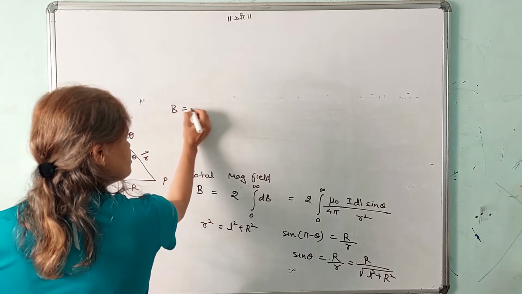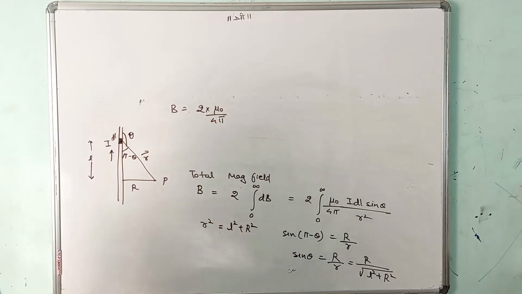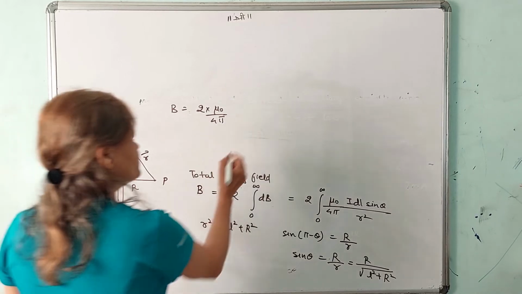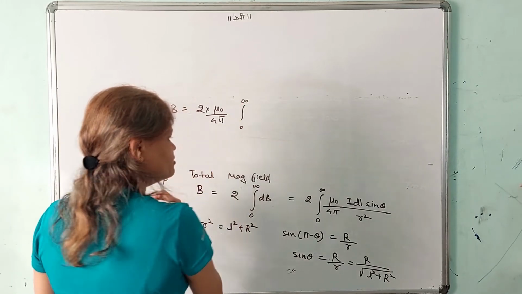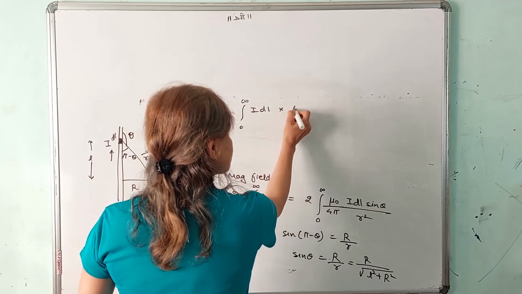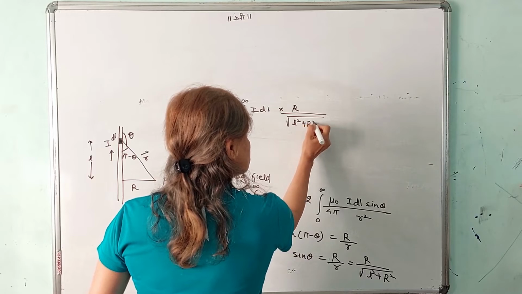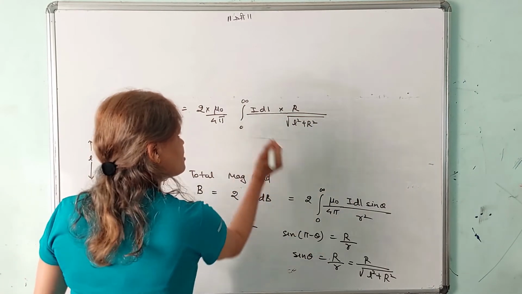So we have B equals 2. I will take mu naught by 4 pi out, integral from 0 to infinity, I dl sin theta, which we will write as this, over r square.